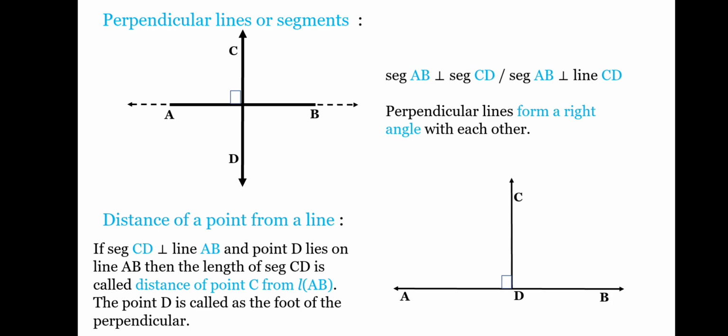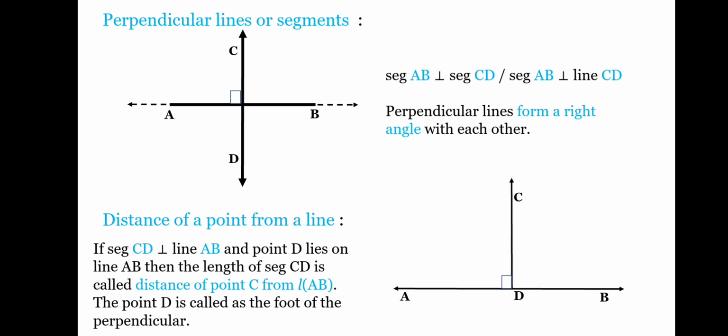Now what is the distance of a particular point from a line? When I say that segment AB is perpendicular to CD, then the distance between point C and point D will be the distance between point C and line AB. Why so?